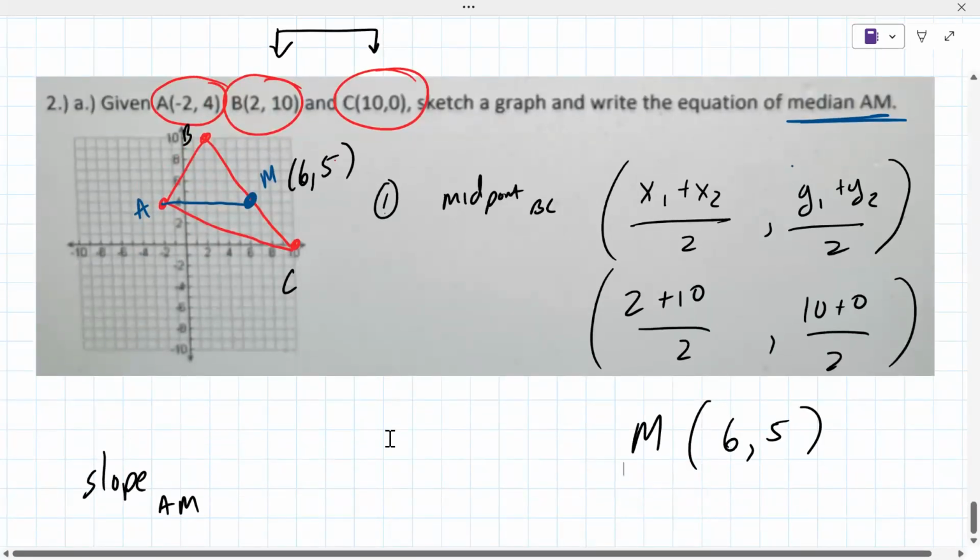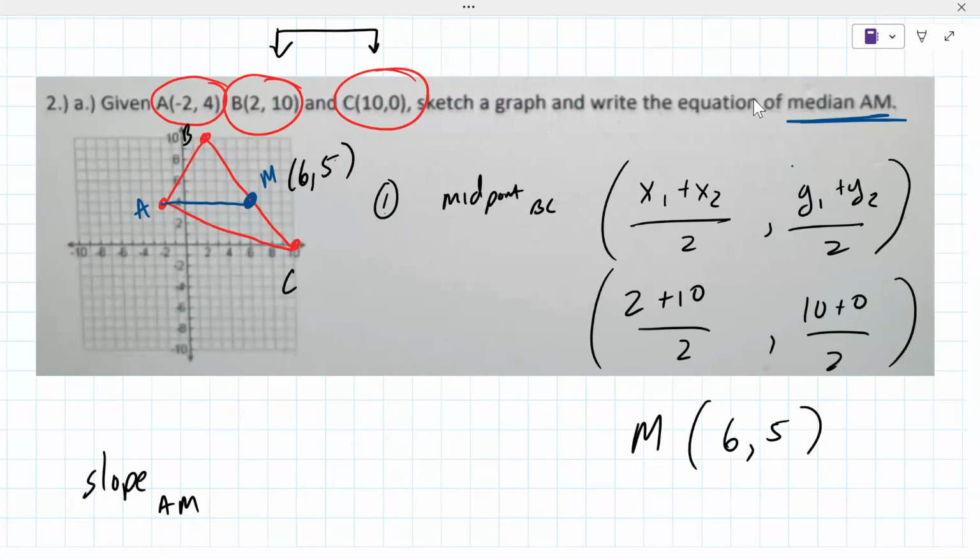From point A to point M, right, because that's the equation of the line that we're trying to find. A to M. 1/8.